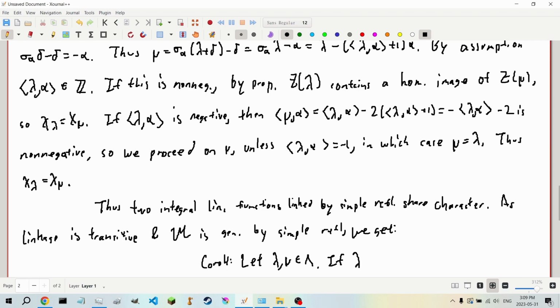If lambda is linked to mu, then chi of lambda is chi of mu, so they share a character.